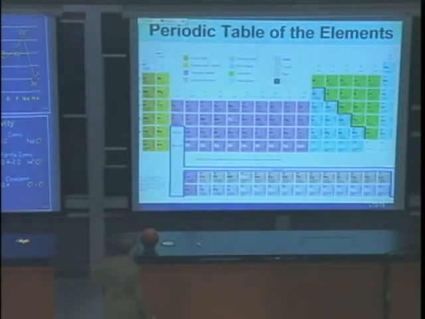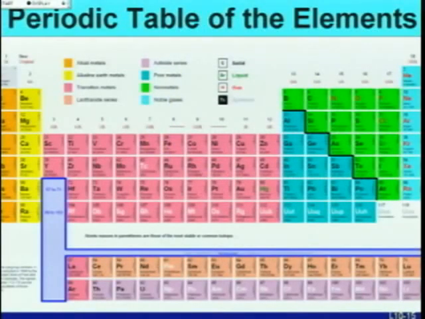Now you have here the table of elements. These are the alkali metals. These are the alkaline earth metals. These are the transition metals. And then you have here what we call poor metals. Actually, they are not poor metals. They are neither really metals, nor are they non-metals.